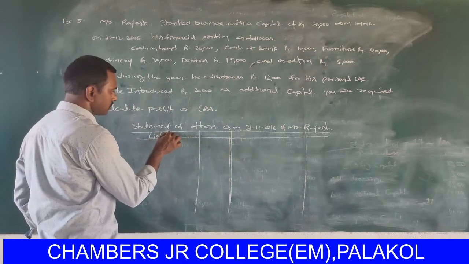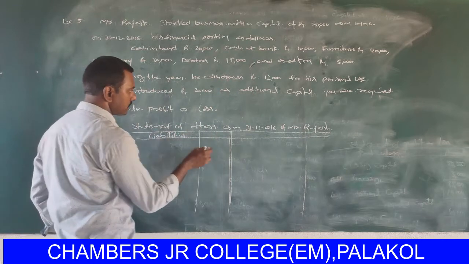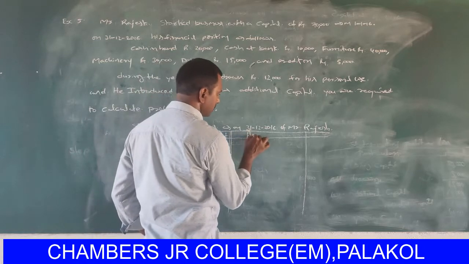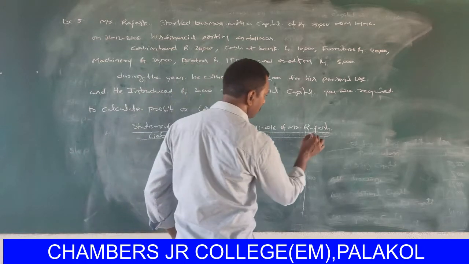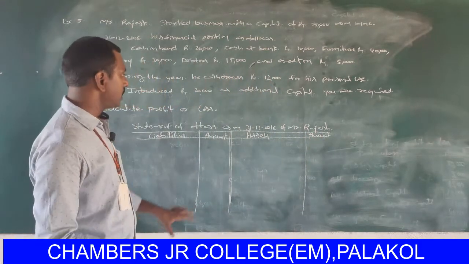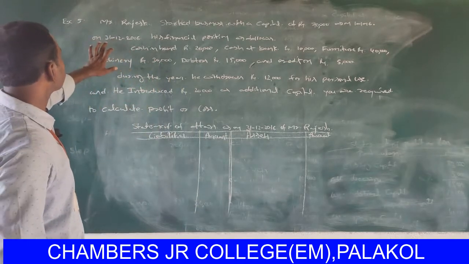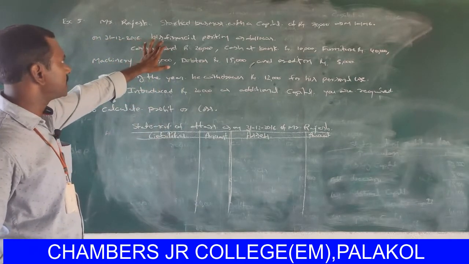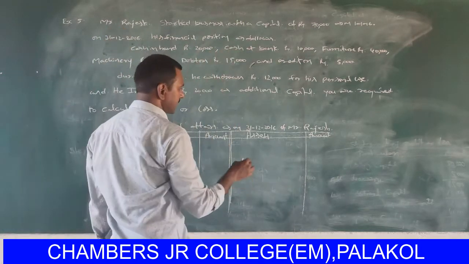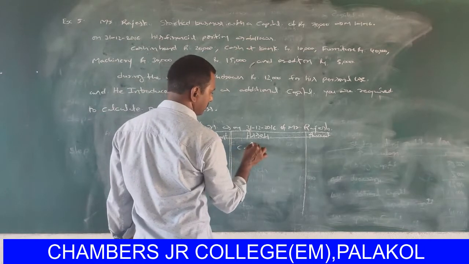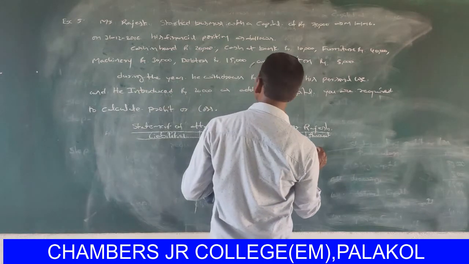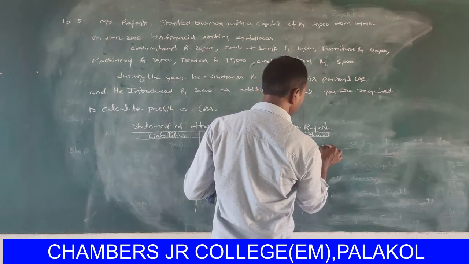Liabilities, amount, assets, amount. Now see, on 31/12/2016 his financial position is as follows. Cash in hand is an asset, so it is taken on the asset side, rupees 20,000.